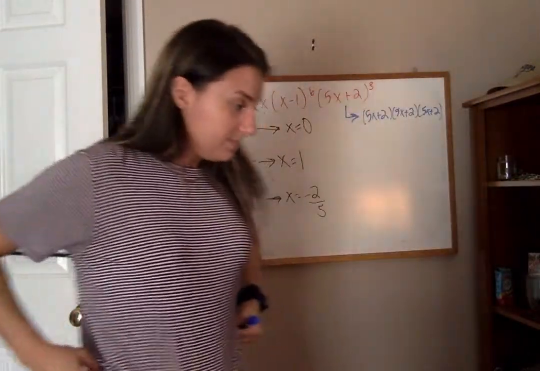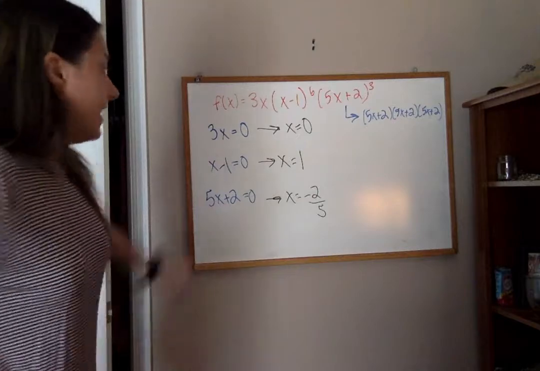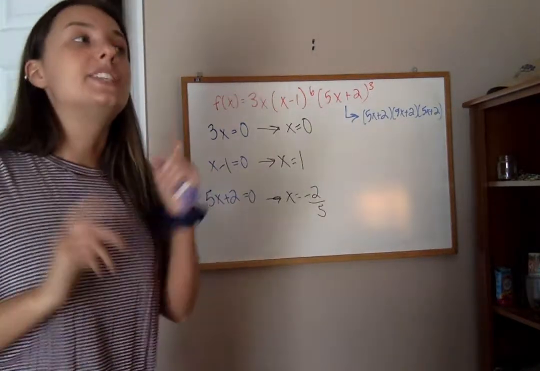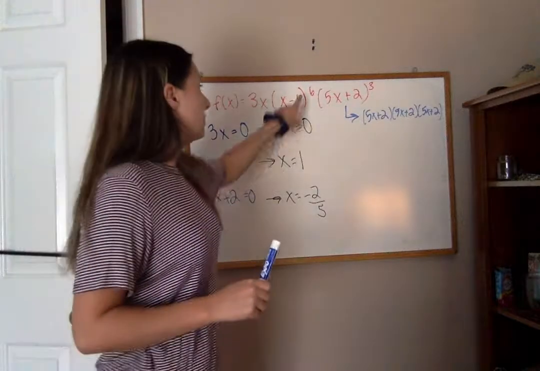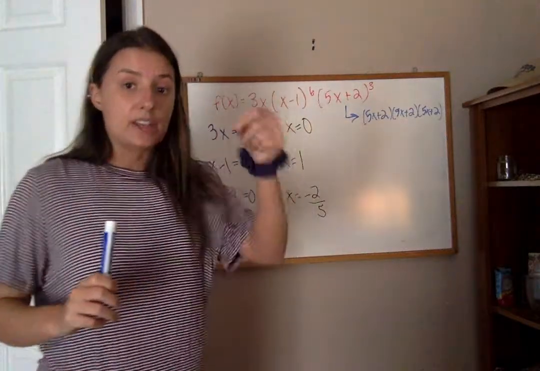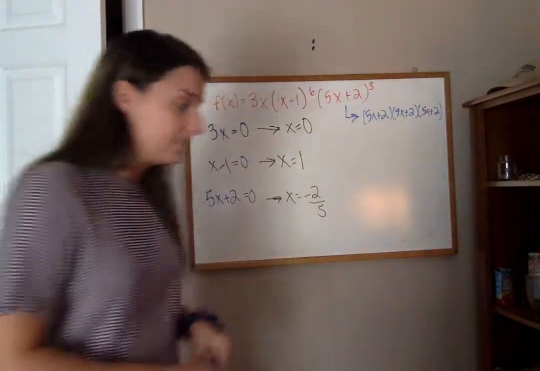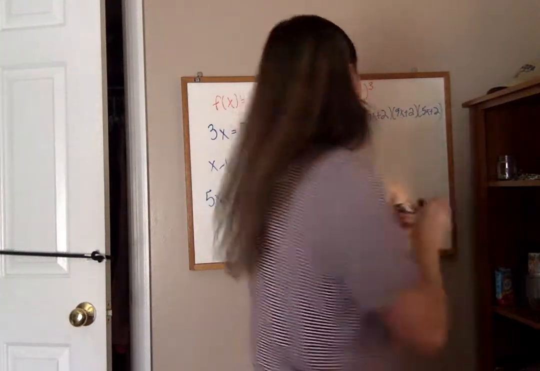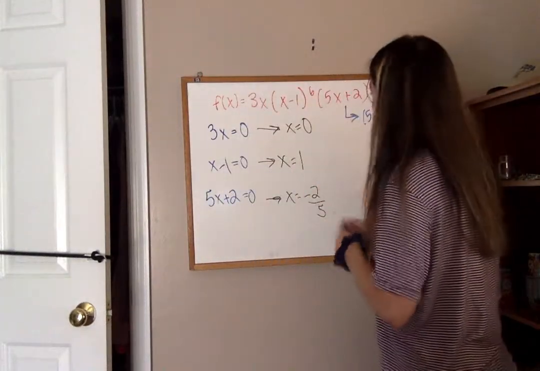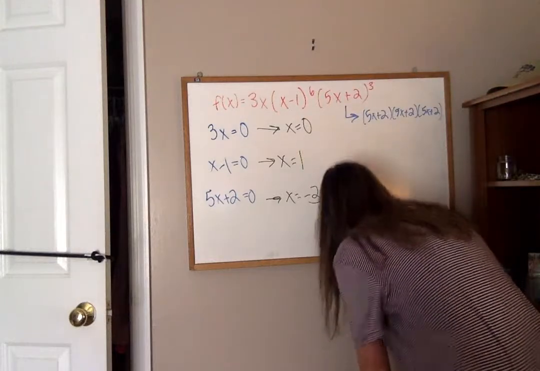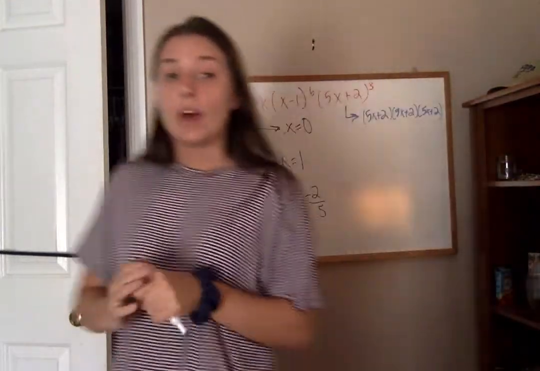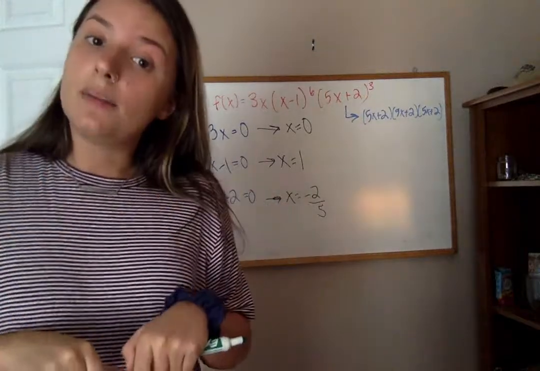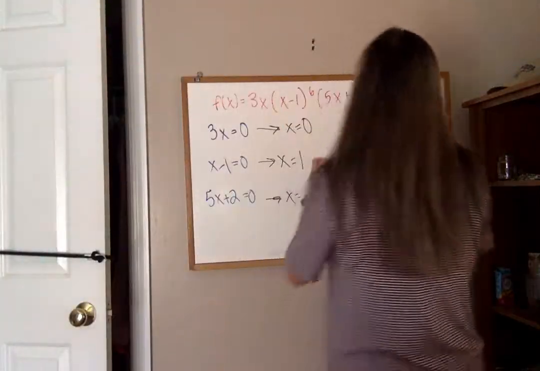So the effect that each of these roots has on the graph is determined by its multiplicity, the power that's with that root. Let's see, I need another color, green. So it depends on whether that multiplicity, that exponent, is even or odd.